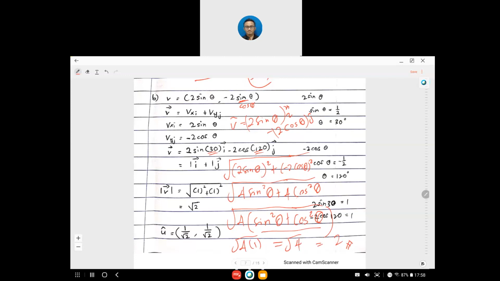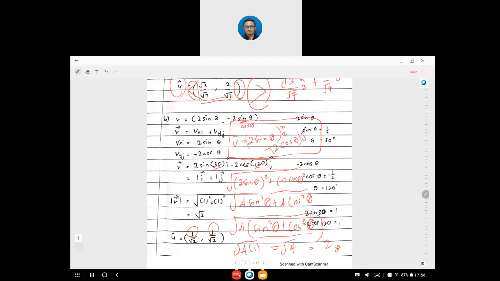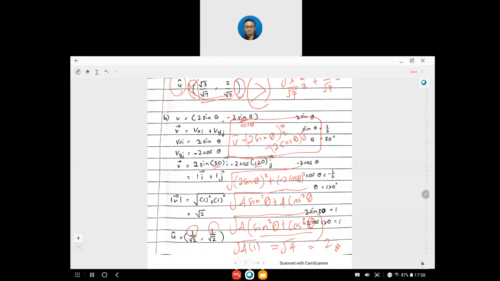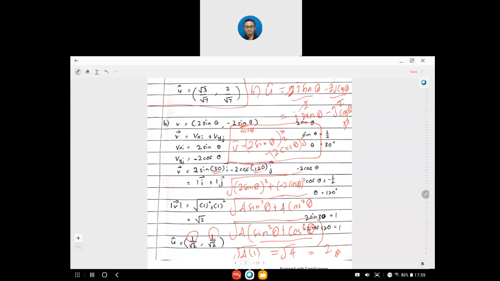Ni macam mana dapat unit vector this one? Because the vector u is this value. So, your final answer supposedly, Mana boleh awak sebarangan tukar assume ni sudut.